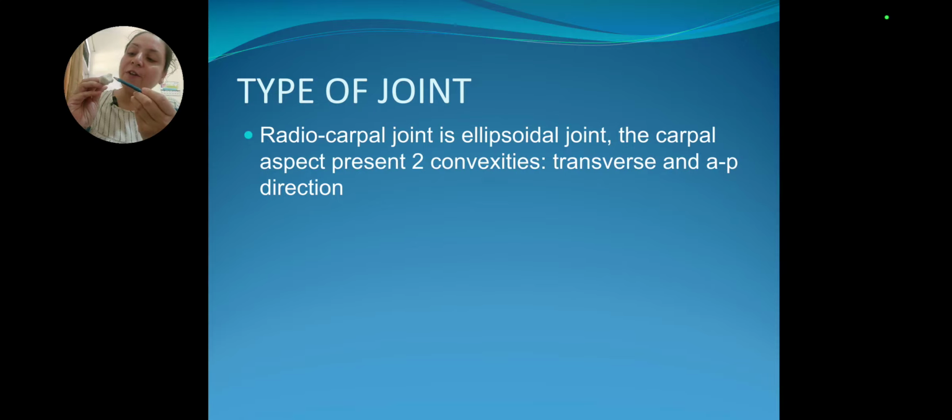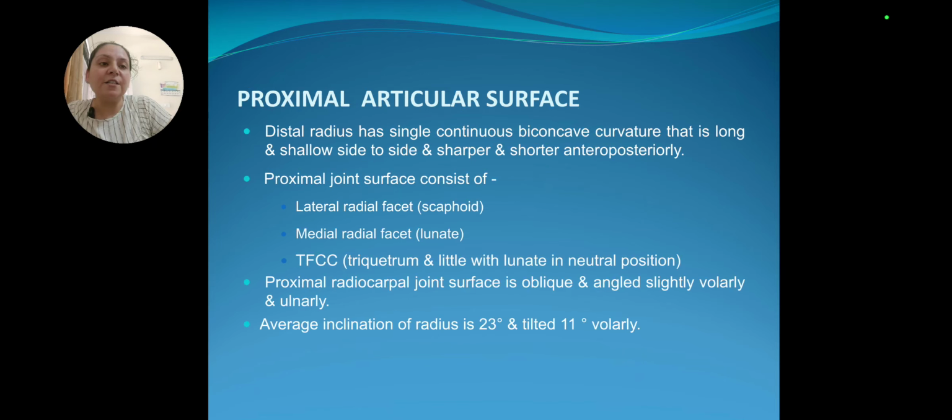It is an ellipsoidal variety because if you can see, I have taken the distal end of the carpus, and it has convexities. Can you see this convexity? One is in the transverse direction and another is in the AP direction. It has two convexities. That is why it is an ellipsoidal variety.